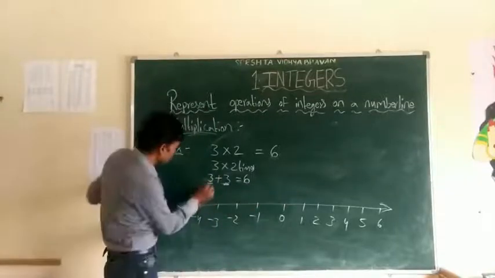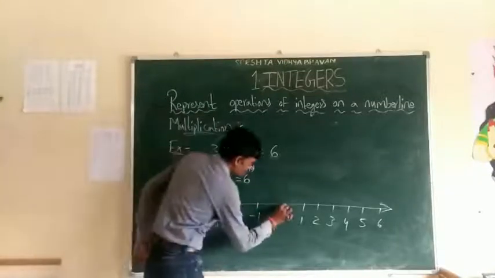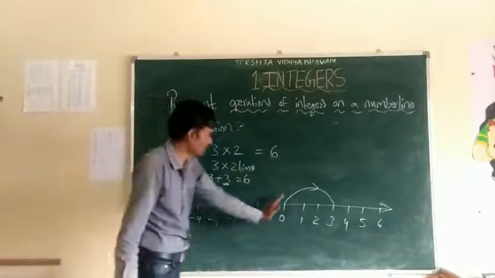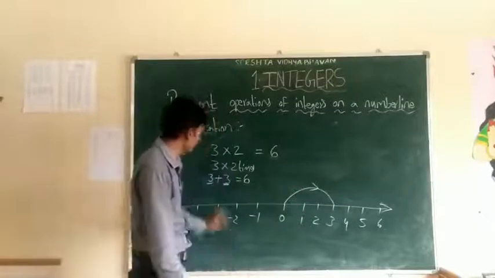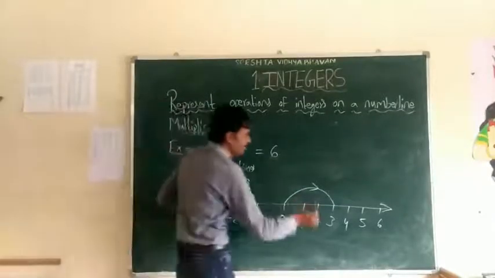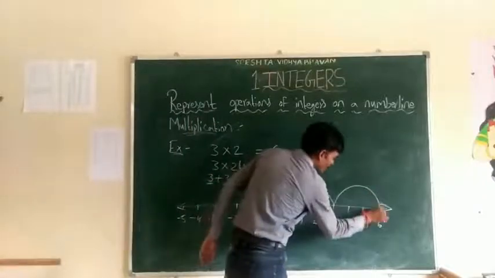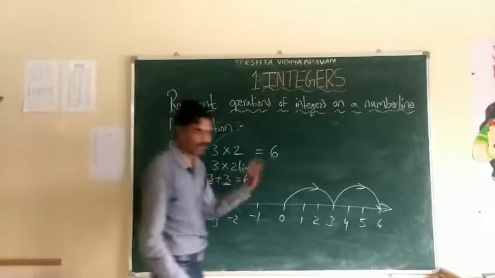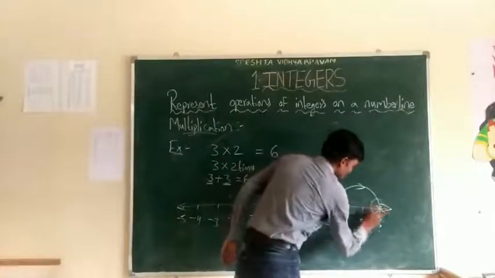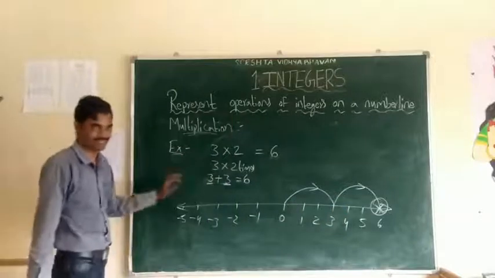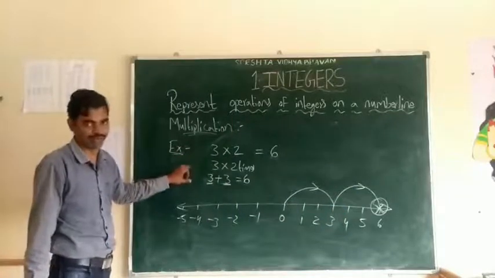First we take 3: 0 plus 3, in the forward direction on the right side of the number line. And next is the second 3, the addition process on the number line, forward direction. Where does it stop? On the number line, it stops at 6. That's why the resultant answer is 6 in the multiplication on the number line.